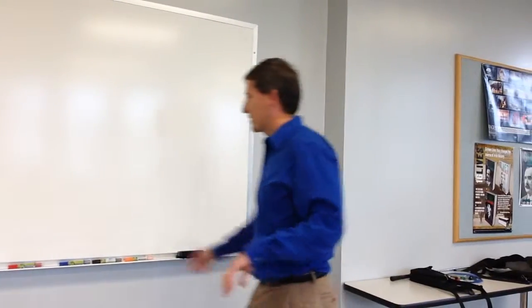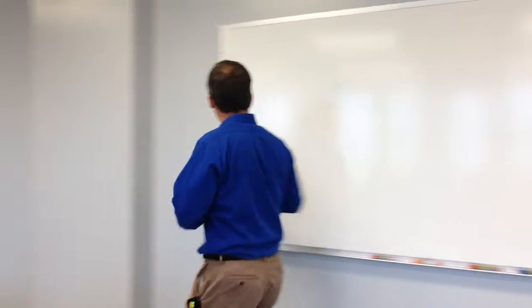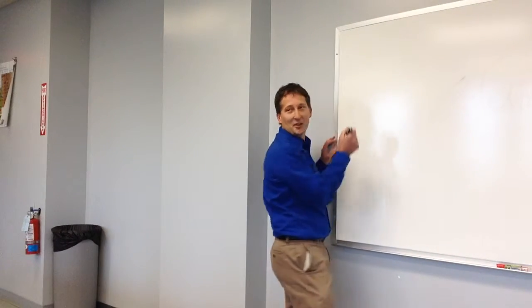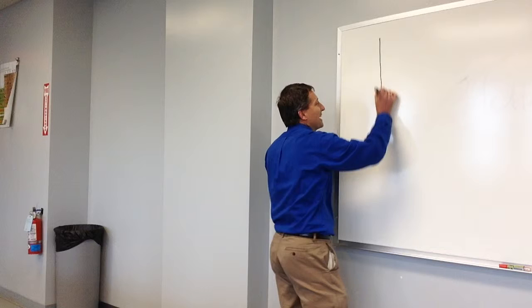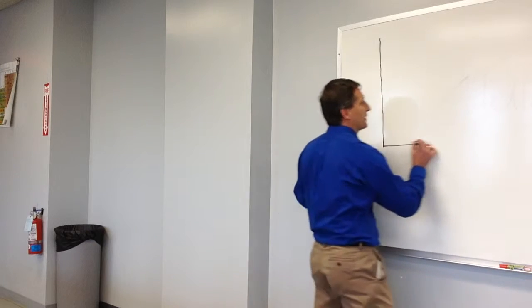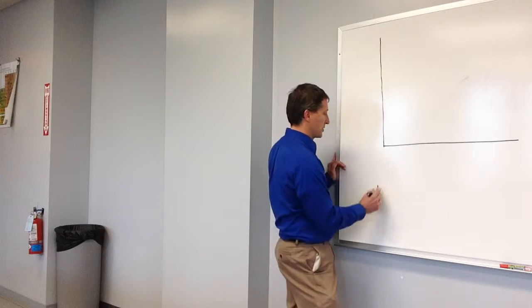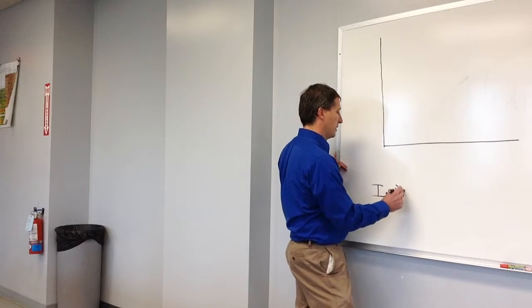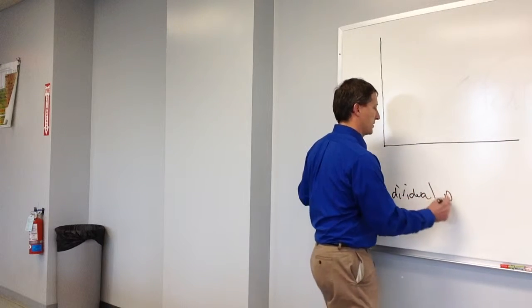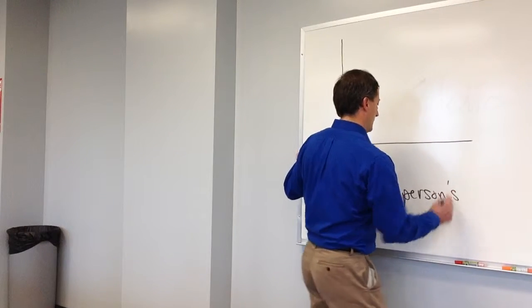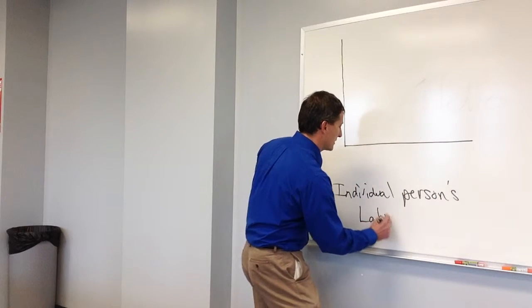All right, I'm going to start you off with a picture today. It's a graph. It's not that good of a picture, I suppose, in that regard. So I want to think about an individual person's labor supply.